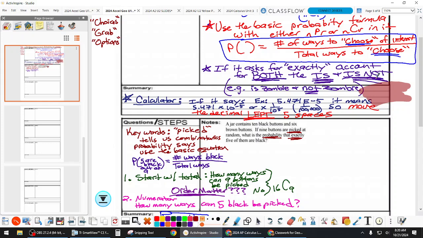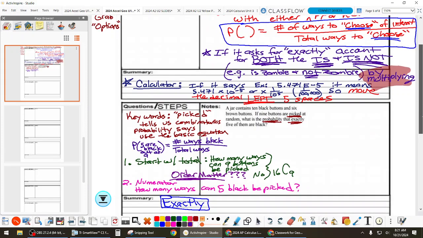But what do we do when we have to account for both? We multiply, right? We multiply the is and is not. So where this highlight is, I'm going to put by multiplying. And we'll show it right now. But now you have that.